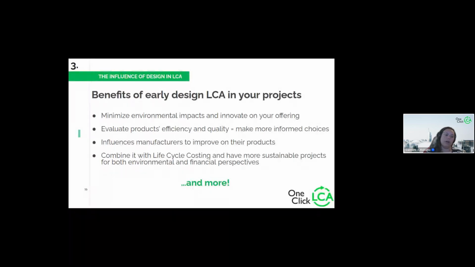So it also pushes manufacturers to disclose the environmental impacts of their products. And if you combine it with life cycle costing, you can have more sustainable projects from both environmental and financial perspectives, like I mentioned before. And there are many more other benefits as well.